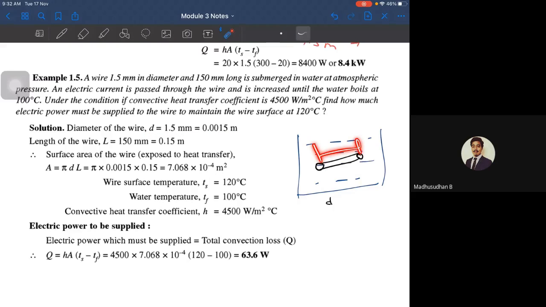So the length of this particular wire is 150 mm. Surface area: how did you calculate the surface area of a cylinder? Surface area of a cylinder is nothing but pi d L, right? Remember? Or it is 2 pi r L, anything is the same thing.